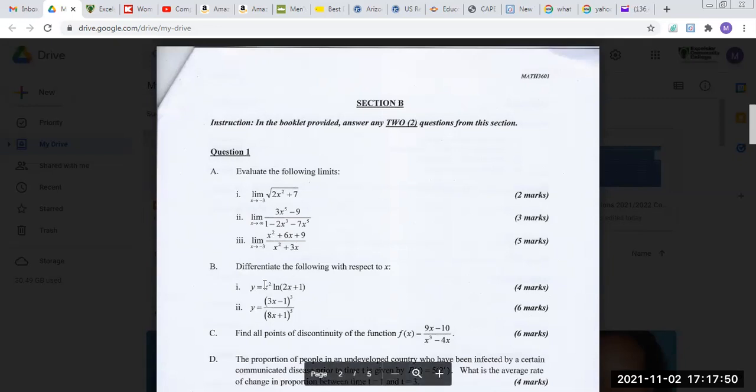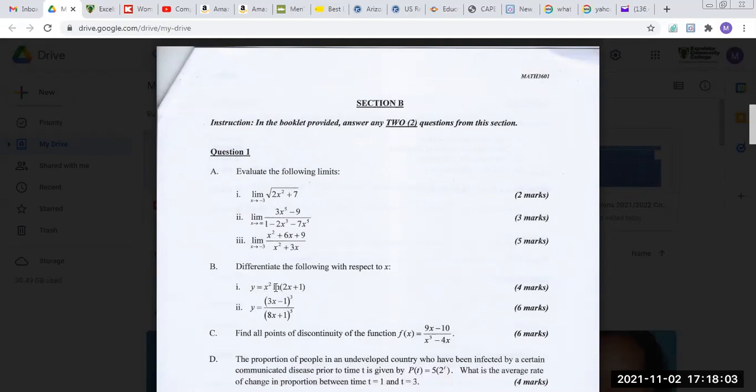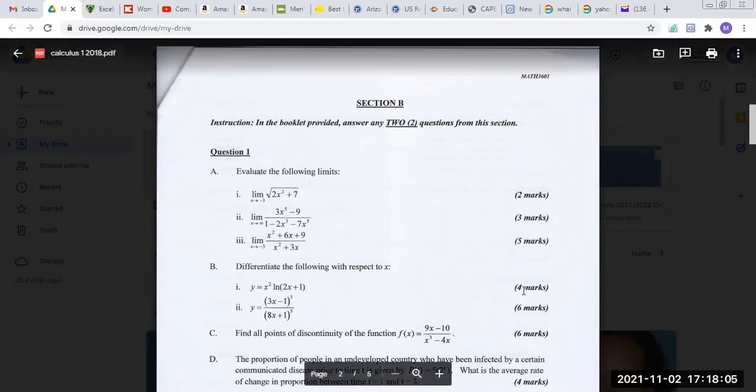I want us to look at this differentiation. See the ln function inside of it. So this is a quotient. We should be able to work question part 2 of B for 6 marks. But when I go through the logarithmic function, which is this ln, we should be able to get those 4 marks. It's really not difficult. So I just want to spend a bit of time on that today, just to whet your appetites.